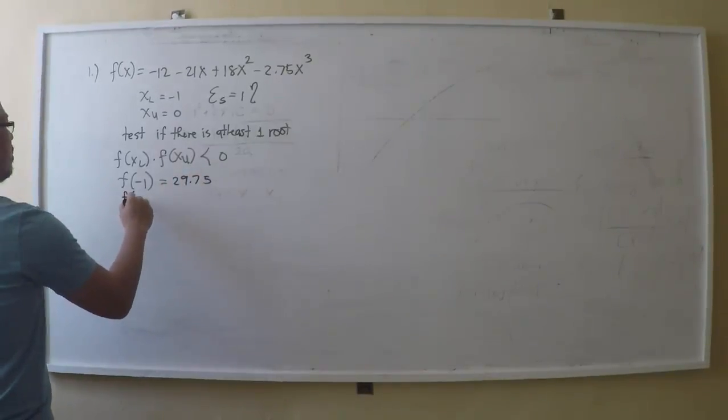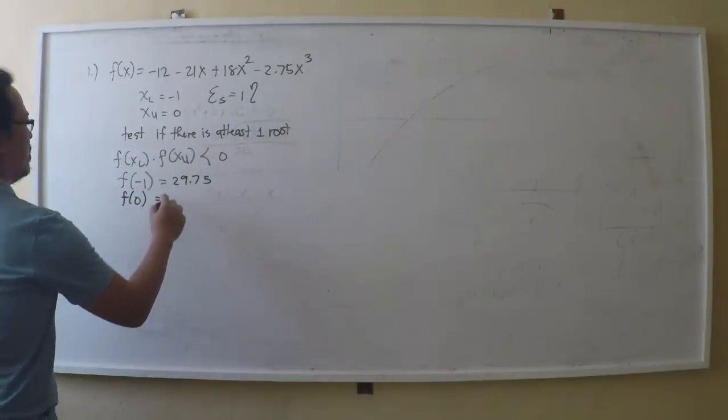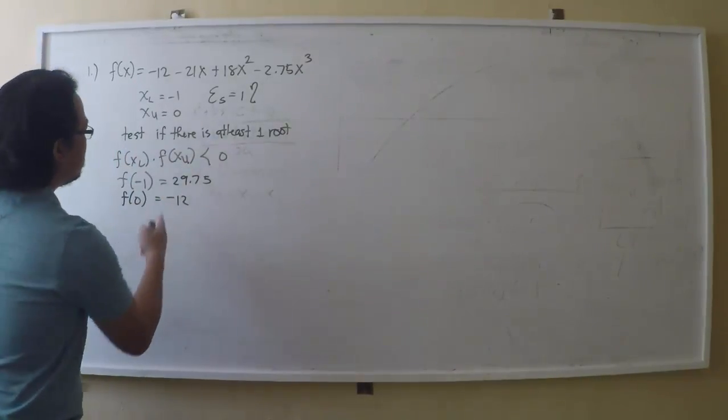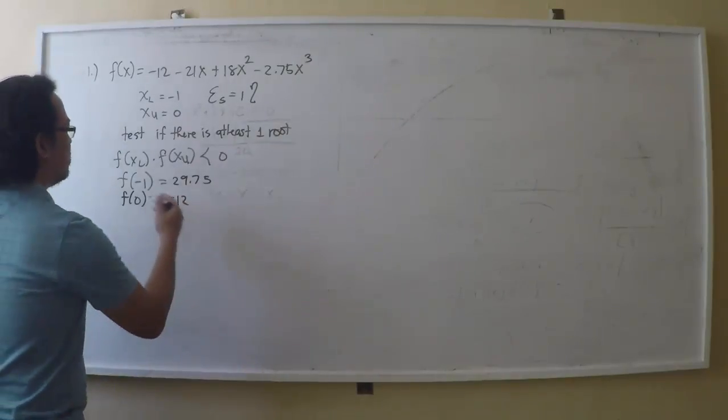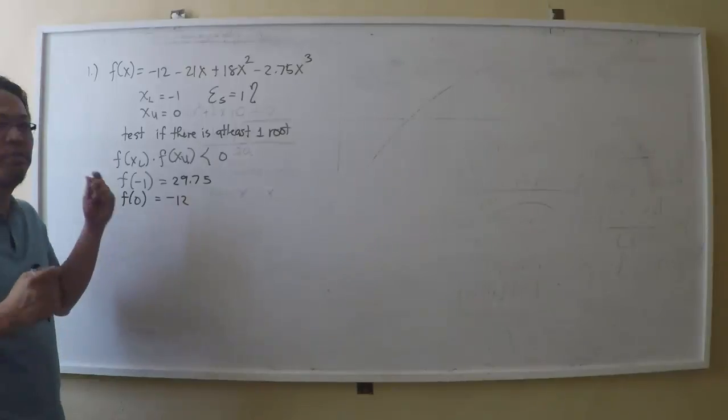And our f of 0 is quite obvious: everything is 0 except for negative 12. Since the product is less than 0, we say that there is at least one root.